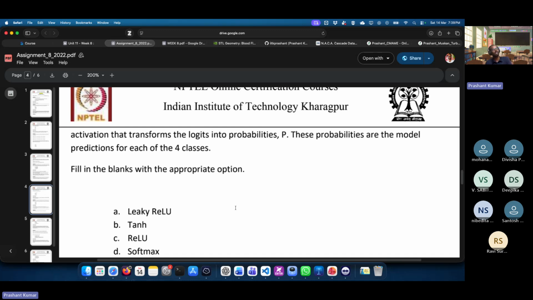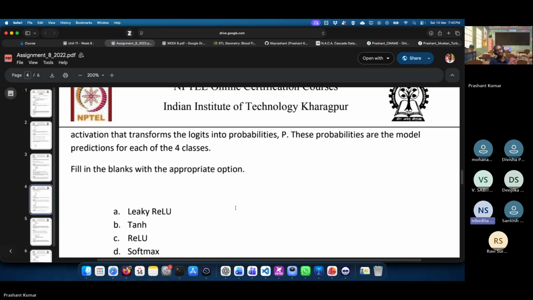So Leaky ReLU has a slight negative slope on the left-hand side. It will look like a flat region and then a positive slope, but instead of flat, you have a slight negative slope.